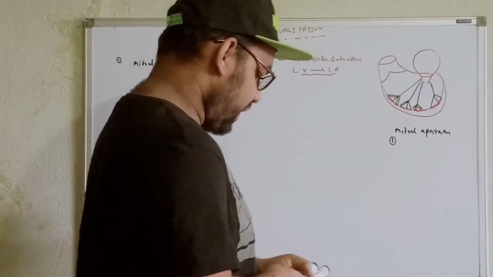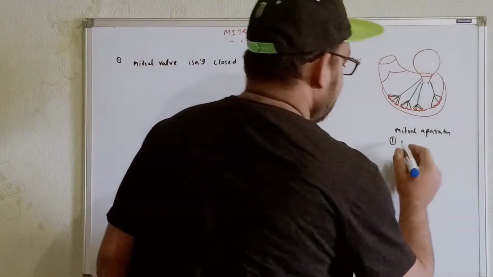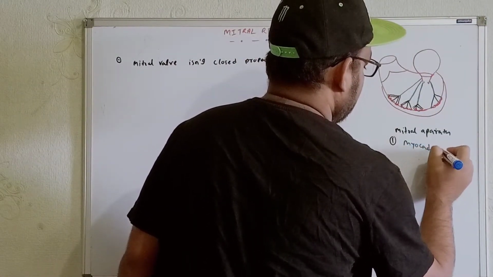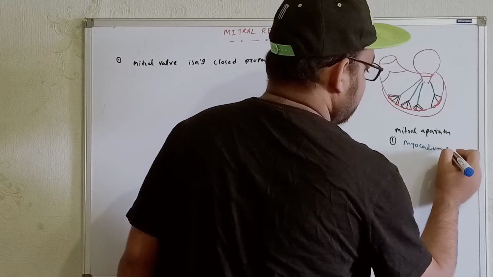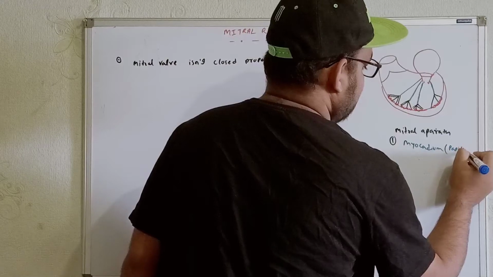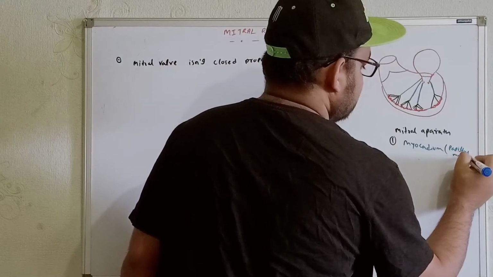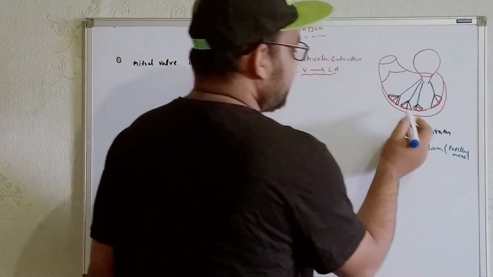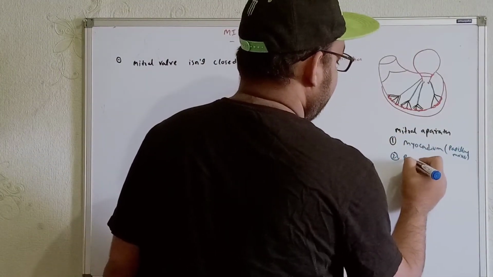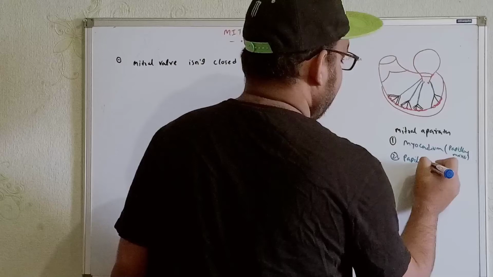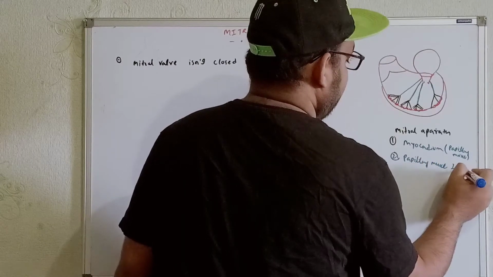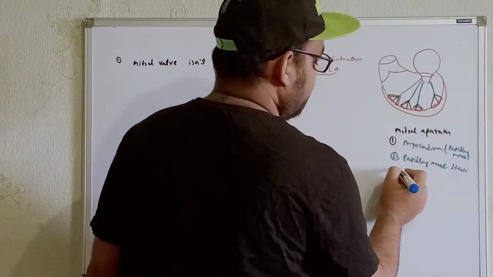Second, we get the papillary muscle itself. And third, we get the chordae tendineae.